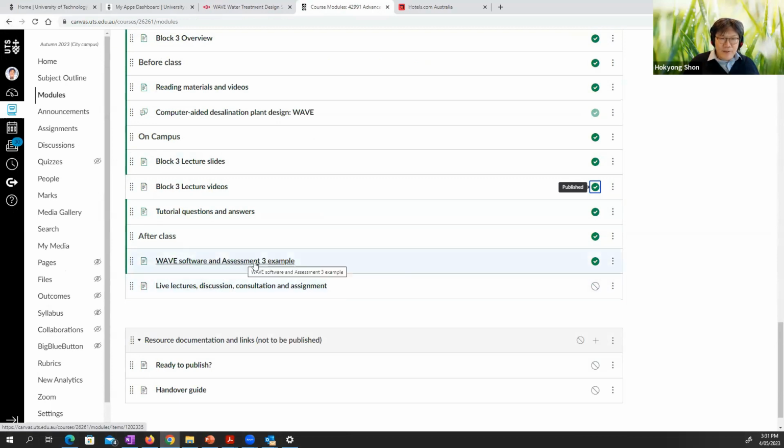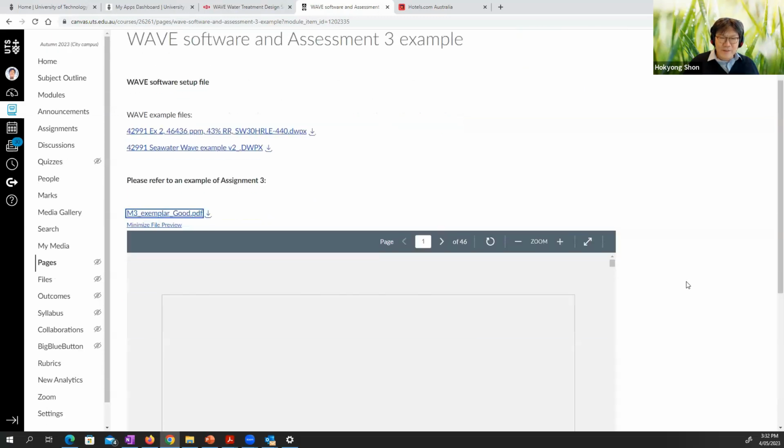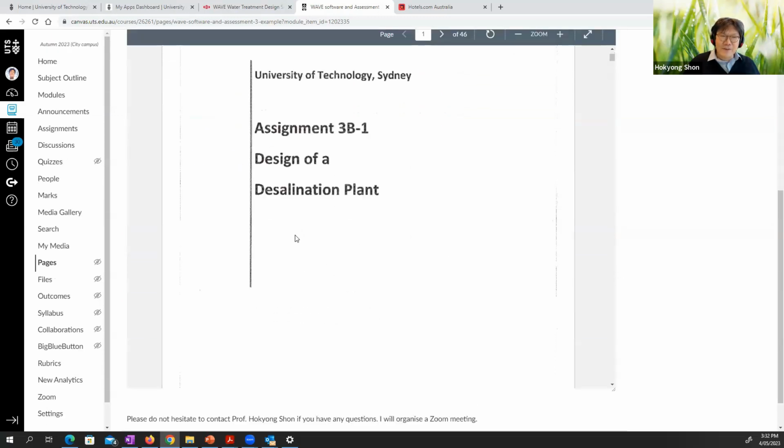Can you go there? WAVE software assessment 3 examples. So here is example M3, right? Click here, so you can see the example.